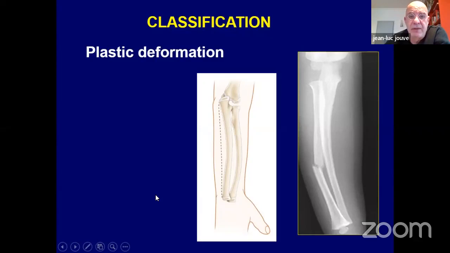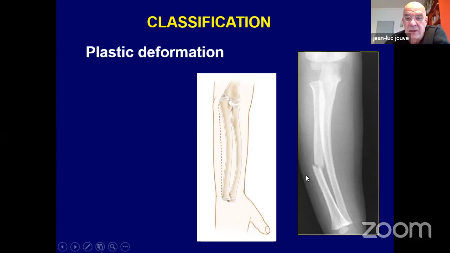Also, a typical fracture in the kid is a plastic deformation. The plastic deformation is in the young boy or girl, and in the young kid, it is possible to have deformation of the bone without fracture, and it is a classic pitfall. You see on this picture deformity of the radius and ulna.